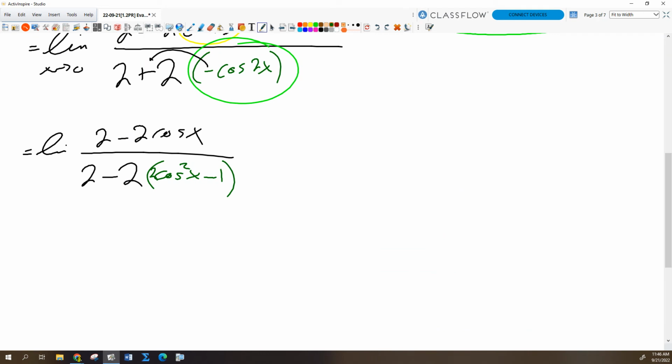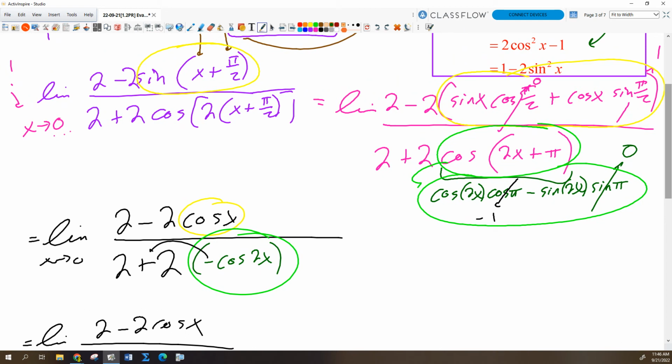Okay. And then now what do we end up with here? So we've got, I pulled that negative out there in front of the 2.